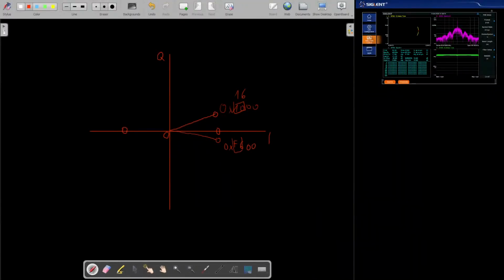If you take a look at this part, it's -10. So that's closer to the I-axis. So in any case, those 2 points are nowhere close to this. So we have to actually fix that.